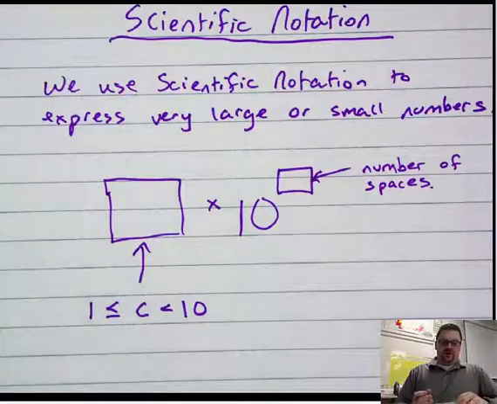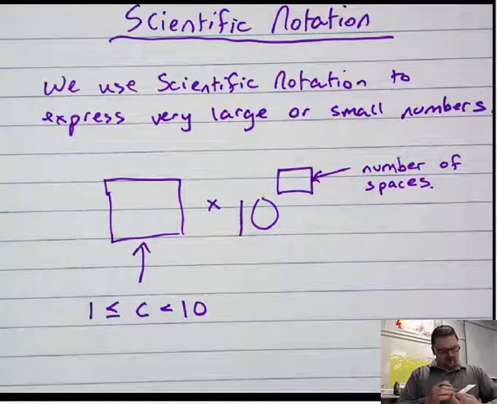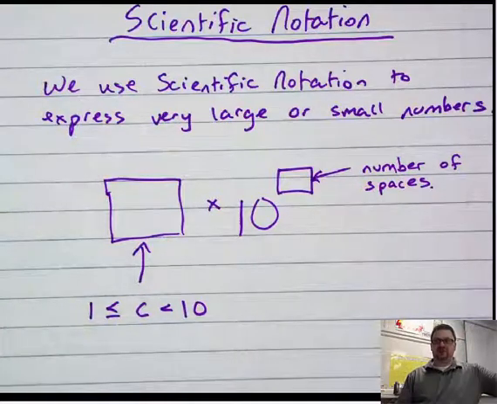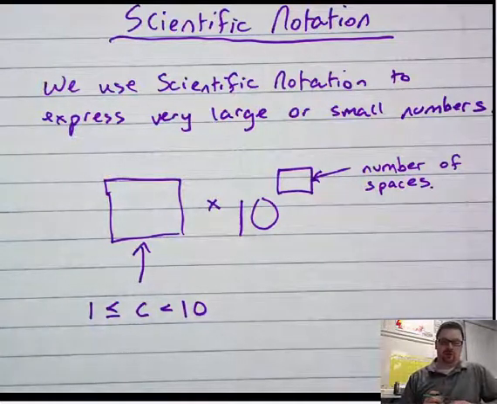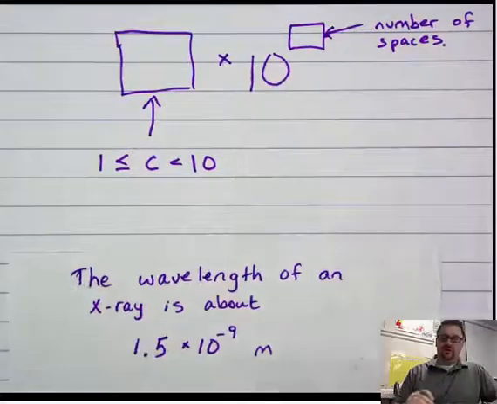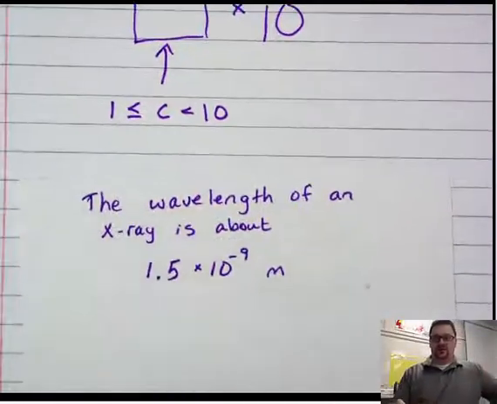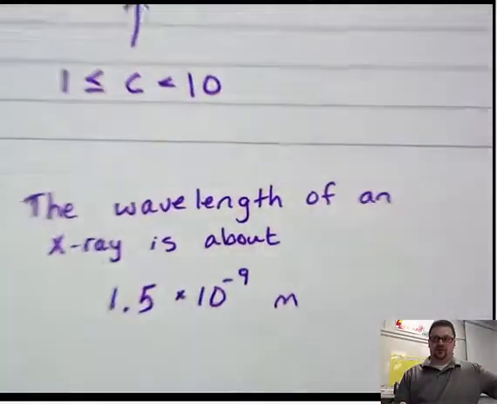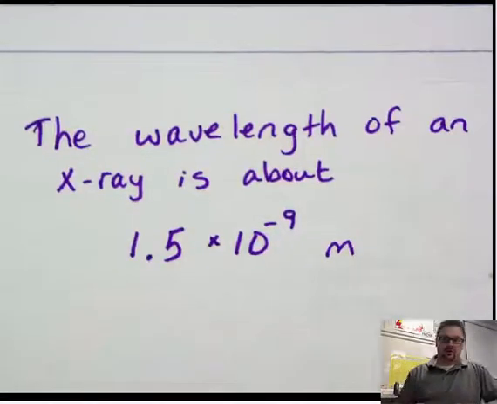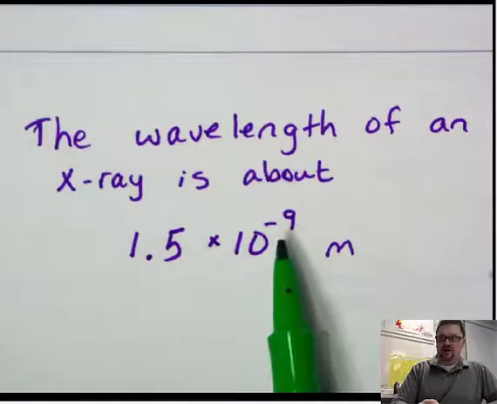So the other thing we have to be able to do, all the examples that we just did, I started with a number in standard form and I changed it to scientific notation so that it was more easily manageable. Now we have to be able to go backwards. So let's say that I tell you that the wavelength of an X-ray is about 1.5 times 10 to the negative 9th meters. The first thing that I'm going to do is recognize that this is a negative exponent.